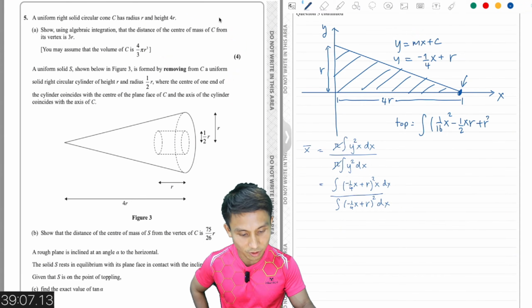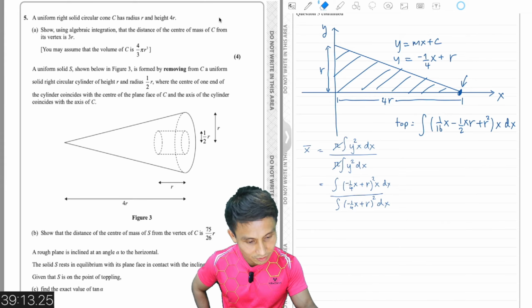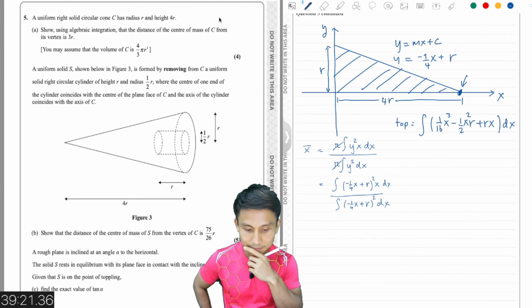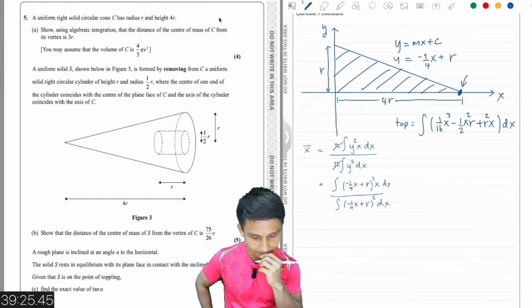Plus r squared times x dx. So if we expand that all in, I get x cubed here, x squared here, x here, yeah, and dx, like that. Oh, this is r squared, sorry. Yeah, just checking.